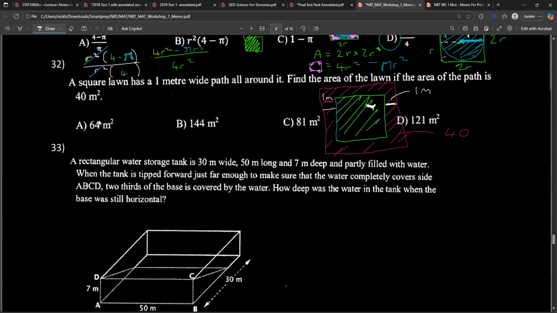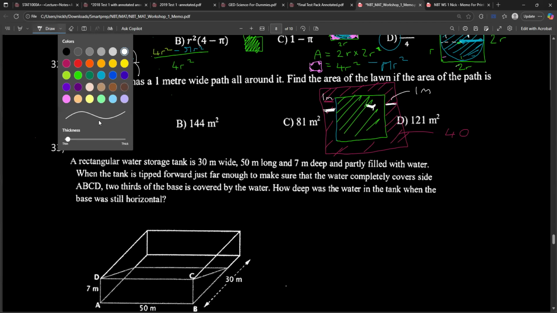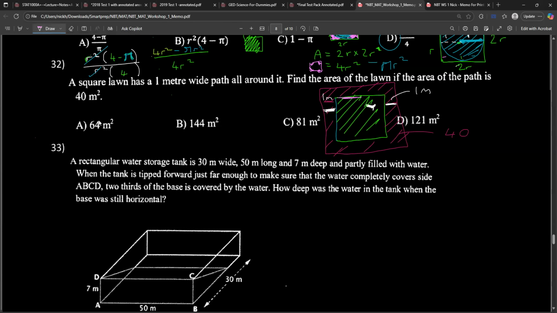So what we have to do here is use some algebra. Let's call the length of the green part x. So we'll use this color here. Do you see that this whole length here would be 2 plus x?